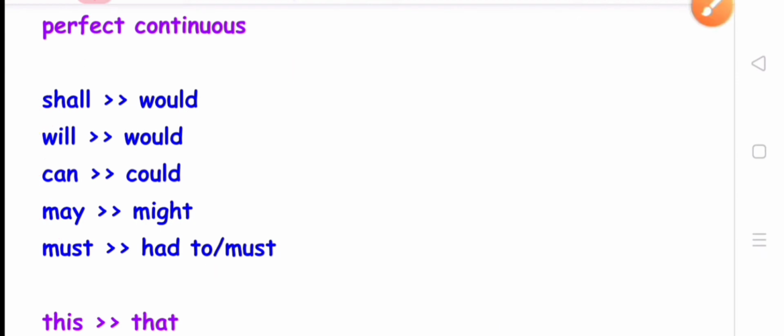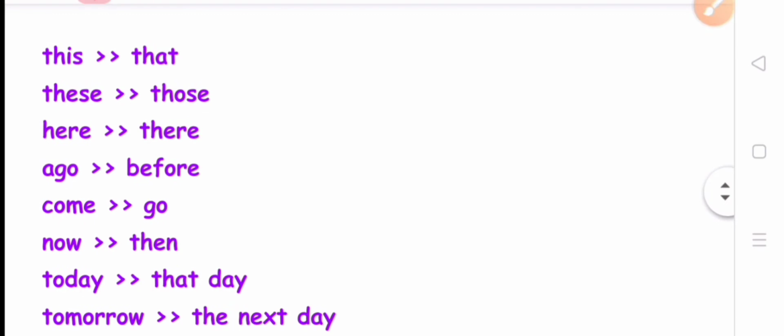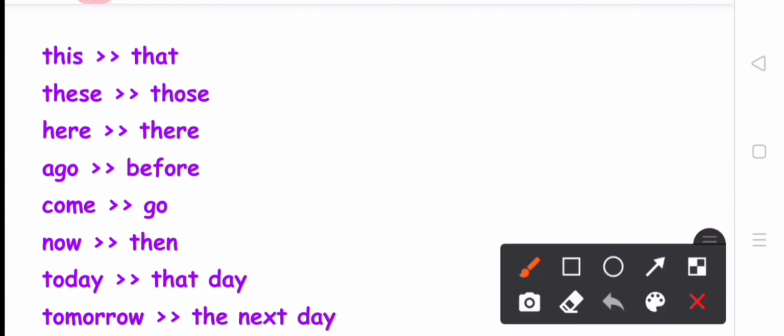There are some other changes, but this is just to give you a reminder. This will be changed to that, these to those, here to there, ago to before. One important thing: come will be changed into go. Very often we see that the verb come is kept as it is, but come should be changed into go.